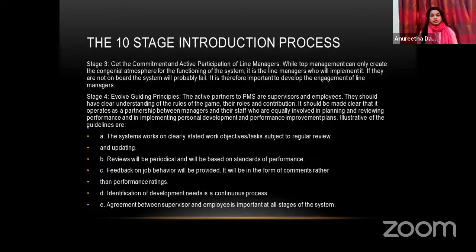Next is involving guiding principles. The active partners to the performance management system are supervisors and employees. They should have a clear understanding of the rules of the game, their roles and contribution. It should be made clear that it operates as a partnership between managers and their staff, who are equally involved in planning and reviewing performance and in implementing personal development and performance improvement plans.